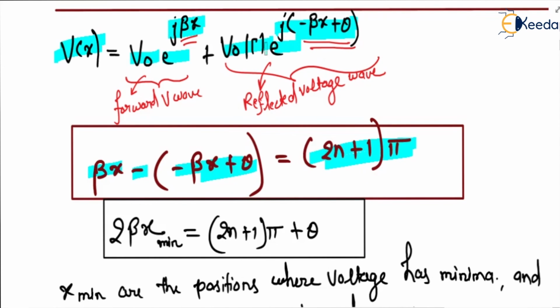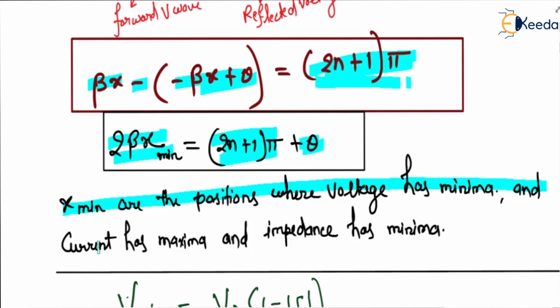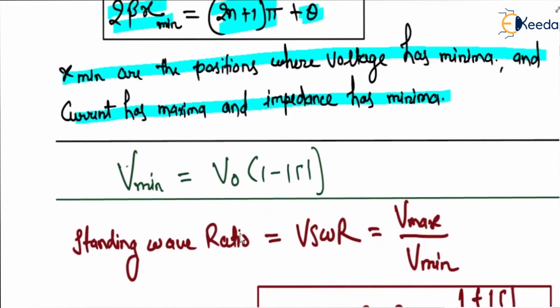If the phase difference between forward and reflected wave is an odd multiple of pi, then there will be minima. So 2 beta x min is equal to (2n plus 1) pi plus theta, where x min are the positions where voltage is minima, current is maxima and impedance is minima. So the minimum value of voltage is V naught into (1 minus mod gamma).